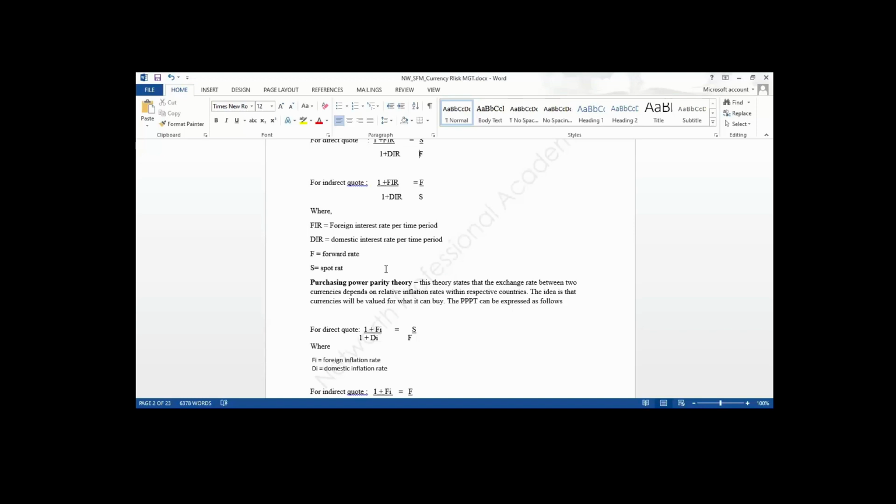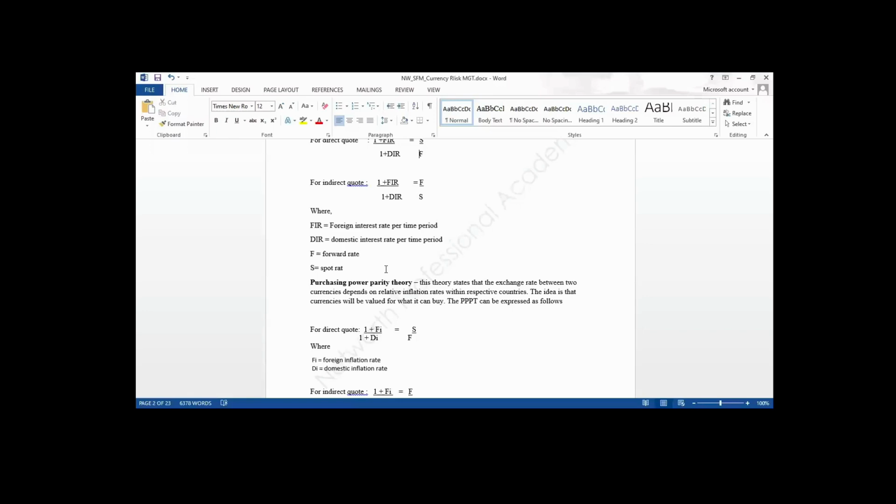Purchasing power parity theory states that the exchange rate between two currencies depends on the relative inflation rates within the respective countries.